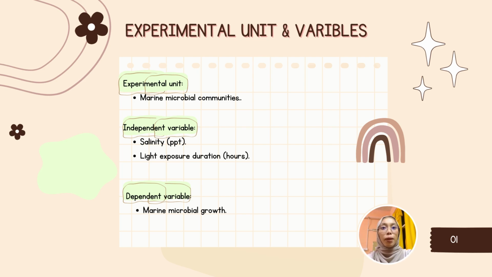And last one is dependent variable, something that we measure to evaluate the outcome of the changes. So the dependent variable for this topic is marine microbial growth. And I'm gonna pass the presentation to the next person.